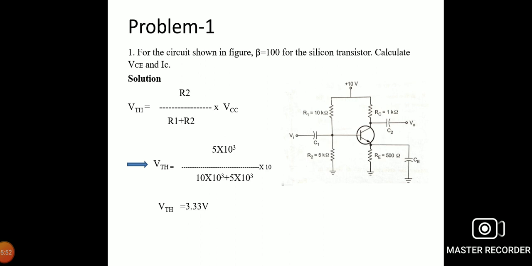Now we apply Kirchhoff's voltage law to the base circuit to find the base current. IB is equal to the Thevenin voltage minus the base-emitter voltage, divided by the base resistance plus 1 plus beta times the emitter resistance. Substituting the parameters, we analyze the fundamental equations.